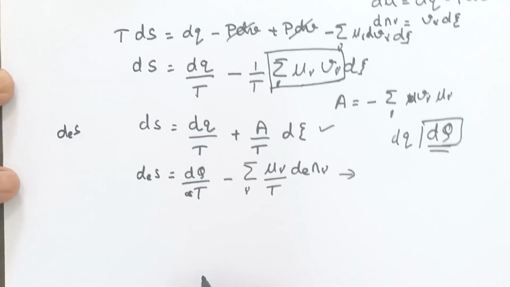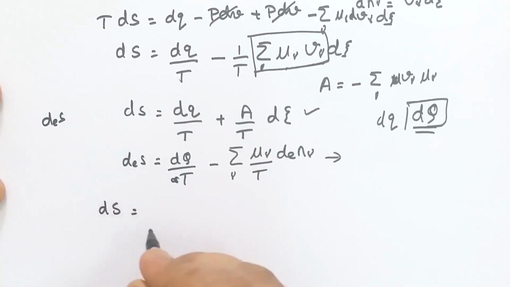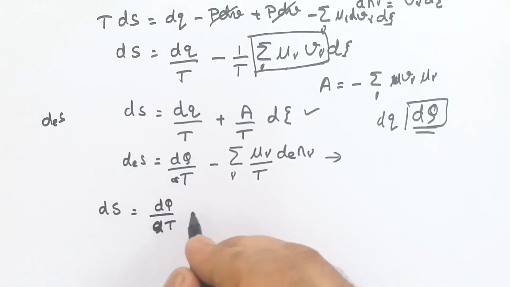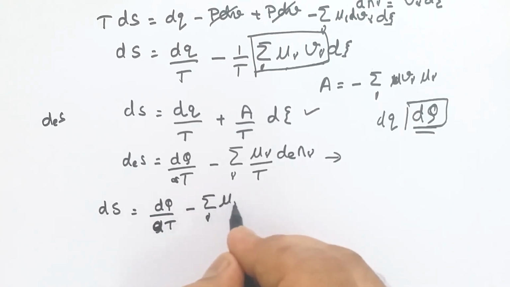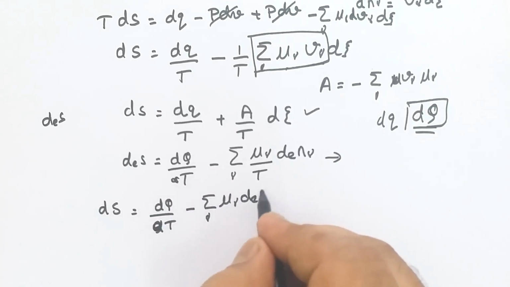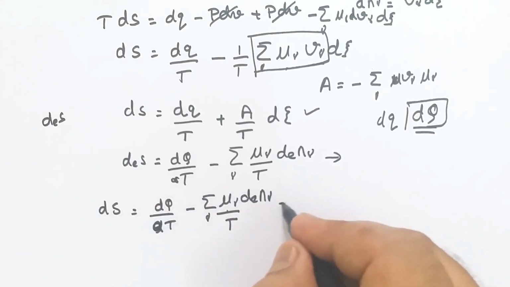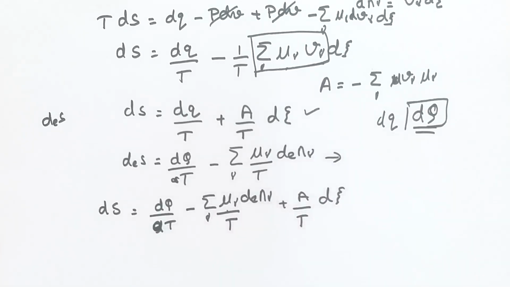So our final expression for the total change in entropy will be written as dS is equal to d phi upon T minus summation over gamma of mu gamma into d_e n gamma upon T, plus A by T into d psi.